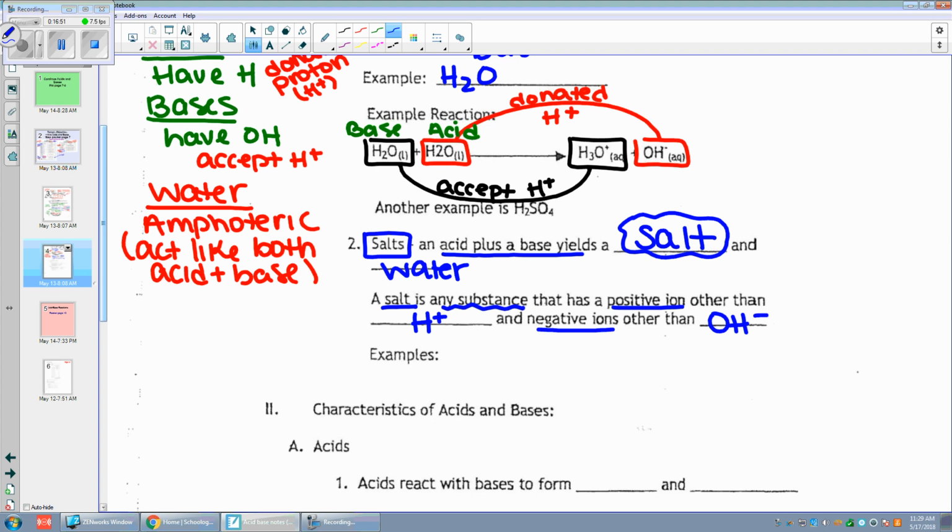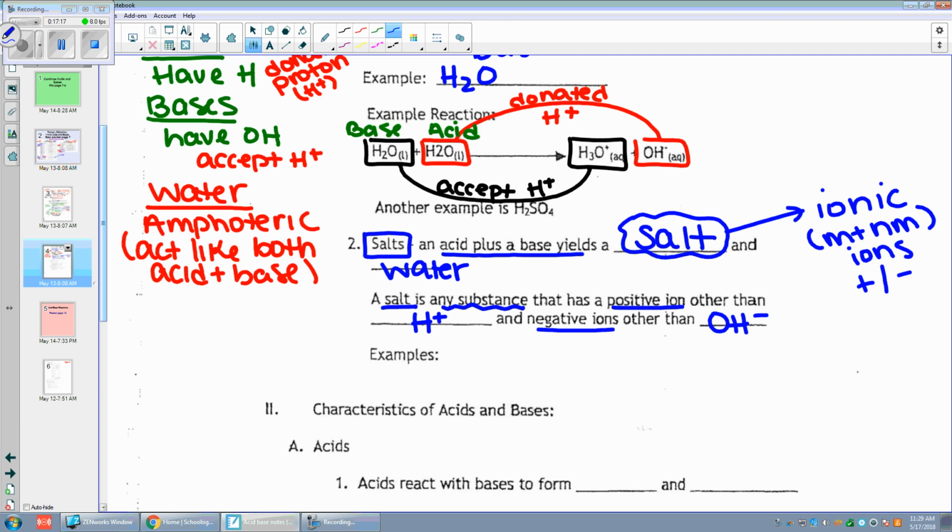So anything that has a positive and negative. So you really want to think that a salt is anything that is ionic, because ionics are metals and nonmetals. They form ions, positives and negatives.